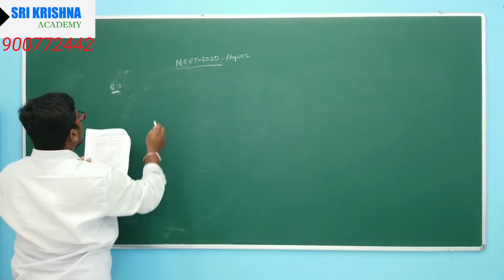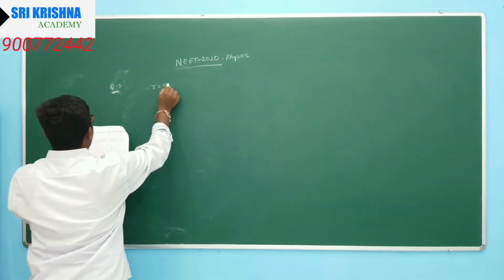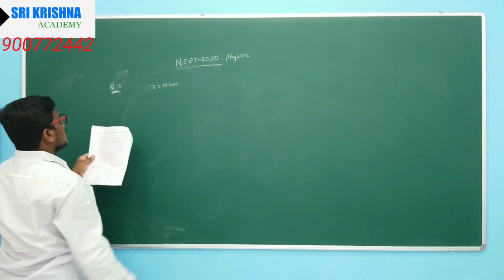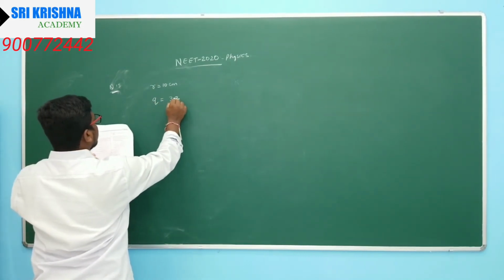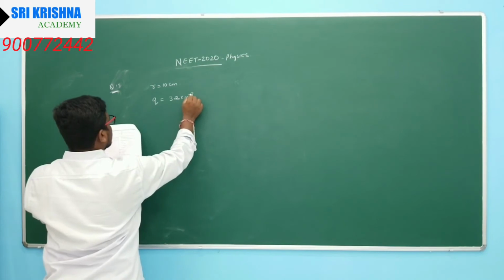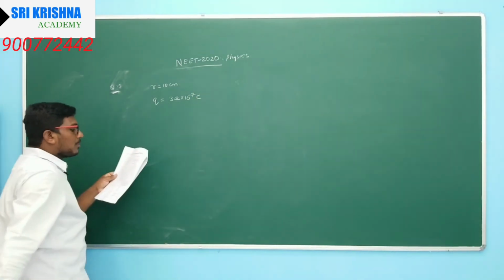A spherical conductor of radius 10 centimeter has charge Q of 3.2 into 10 to the power of minus 7 coulombs, and this charge is distributed uniformly.